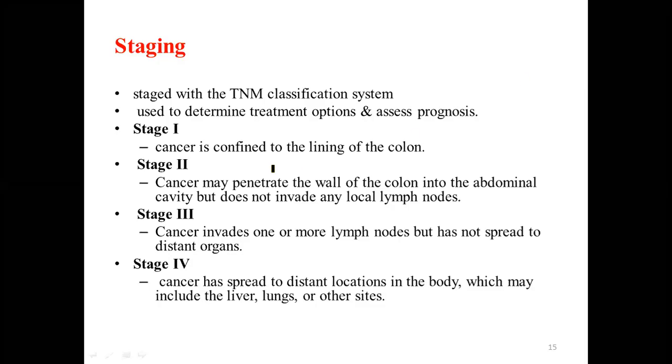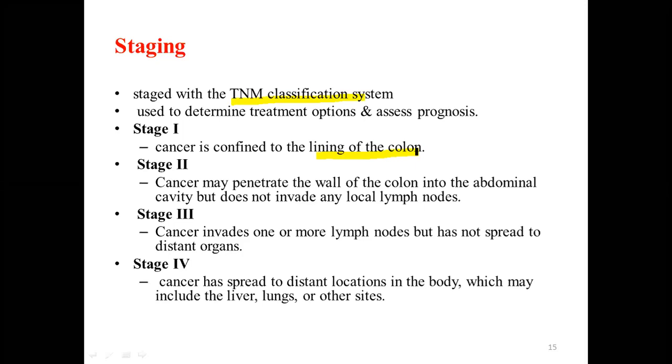Oh, okay. So the staging of colorectal cancer. It is usually staged based on the TNM classification system. So stage 1, stage 2, stage 3, stage 4. Stage 1 is confined to the colon.